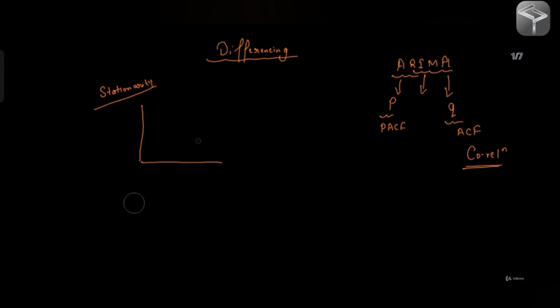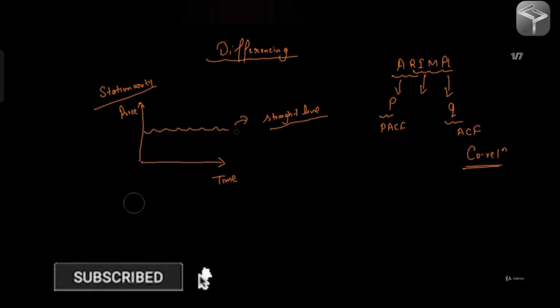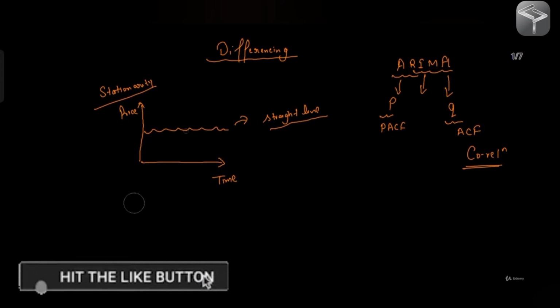Let's say on the y-axis I have the price of a product, and on the x-axis I have time. You will observe it is almost like a straight line, with no trend available. That type of behavior is known as stationarity.